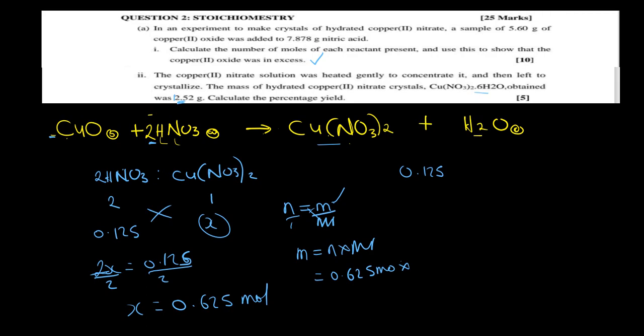We can just calculate it: you calculate the copper and the nitrate, and that is how we calculate the molar mass. That will give us 295.6 grams per mole.